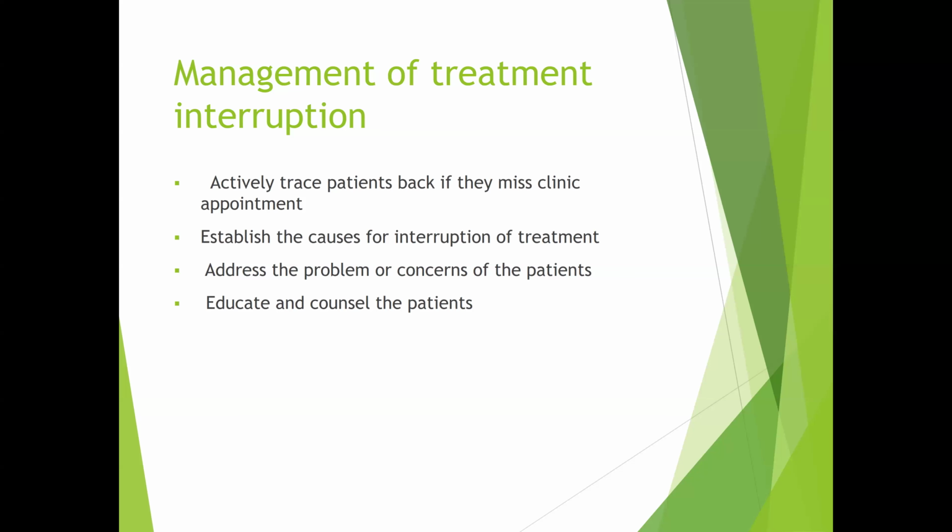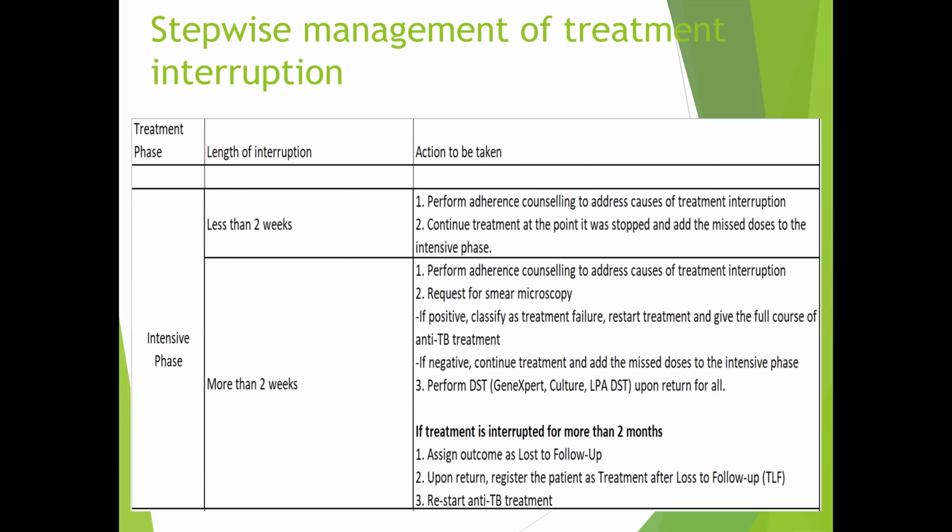We need to enhance their adherence, establish the cause of interruption of treatment, and address the problem or concern of the patient. What are the concerns? Why are these patients not able to take their treatment as prescribed? We also need to do patient education and counseling.